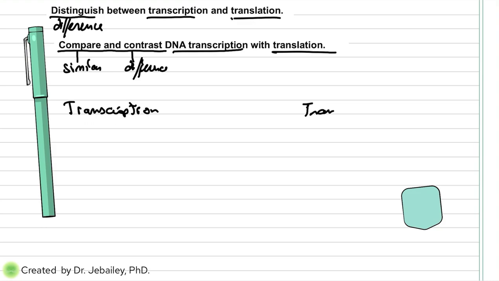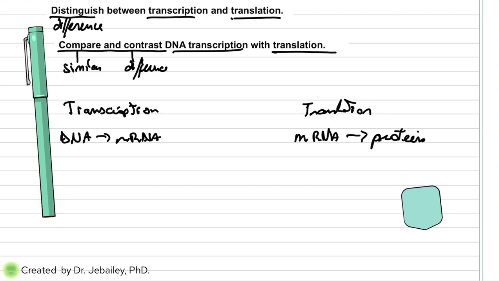One thing we can talk about is that transcription is going from DNA to make mRNA. And translation is going from mRNA to make, let's say, protein.